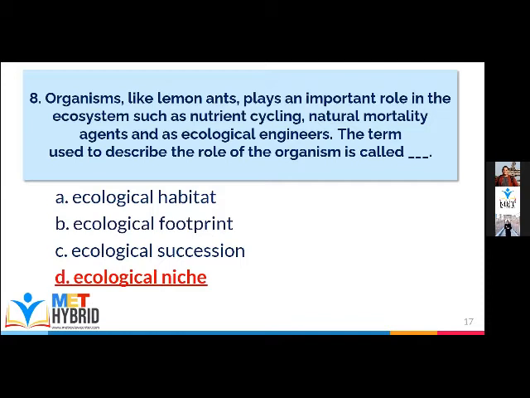When you go to ecological succession, this is something to do with community ecology. So when you say succession, for instance, if a habitat was a grassland in the past, but after several years that grassland turns into a forest, then that is what we call ecological succession. Your grassland is a type of habitat where the dominant plants are grasses.